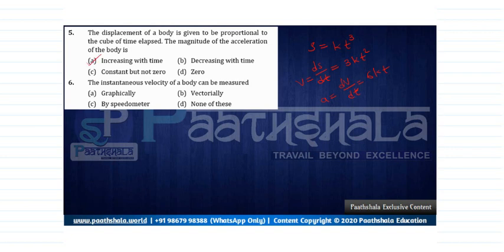What about the next, the sixth one? It's by speedometer, instantaneous velocity. Have you seen your bike speedometer?